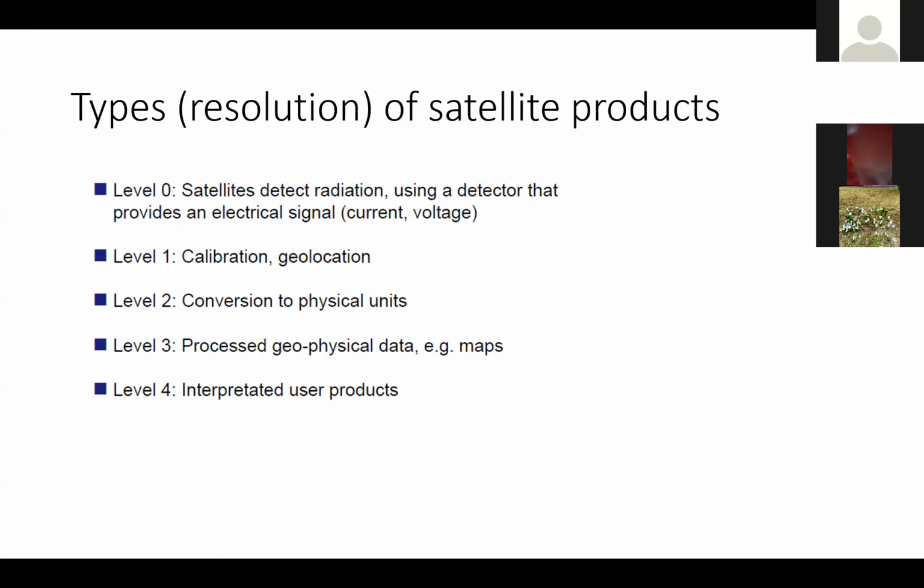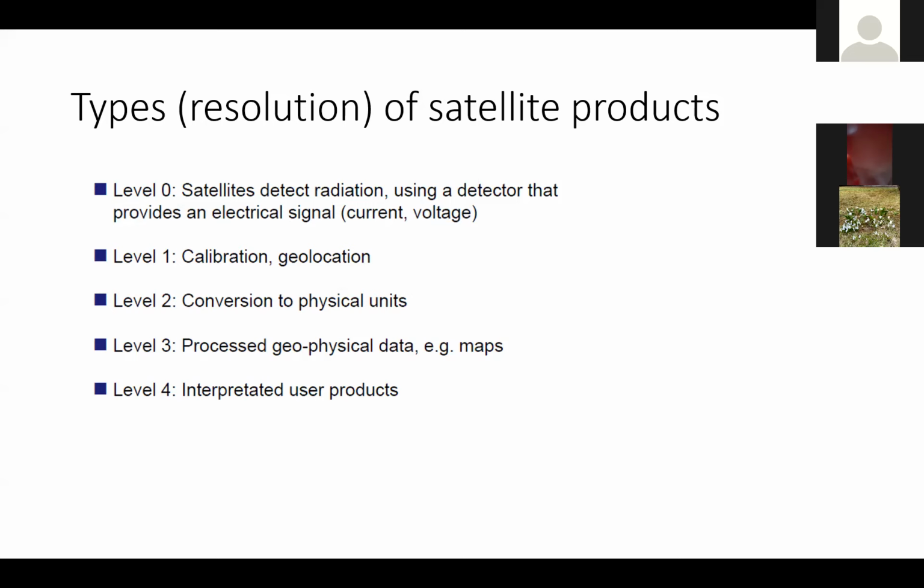Here is the list of the types of satellite products. What we basically get from satellites are data which are ranged into different levels. Level 1 data is the satellite direct radiation.